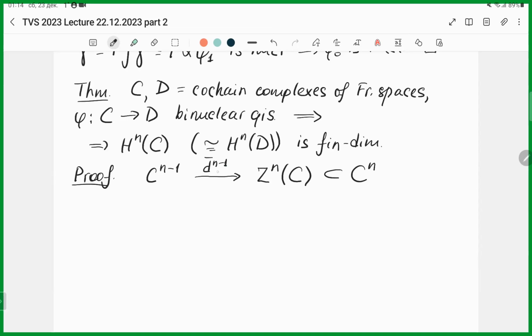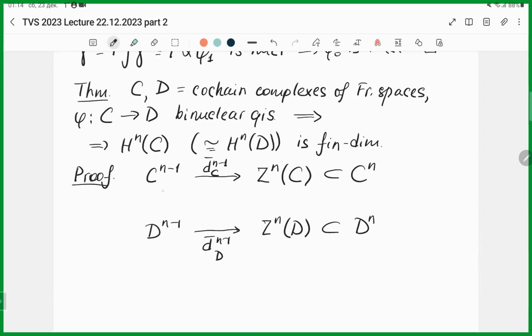So this is actually the differential of C, but we consider it as a map from Cn minus 1 to the space of n-dimensional cocycles of C. And we have a similar picture for the complex D: dn minus 1, Zn of D, which is contained in Dn. And here we have d bar n minus 1.